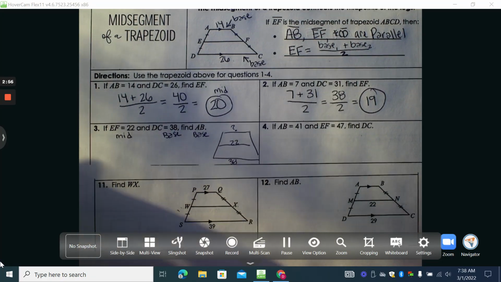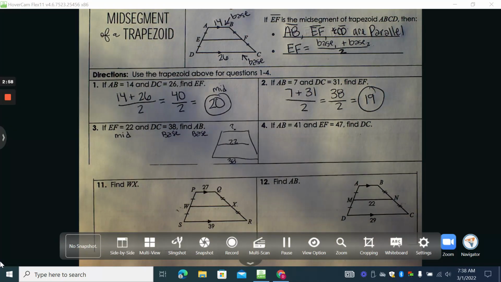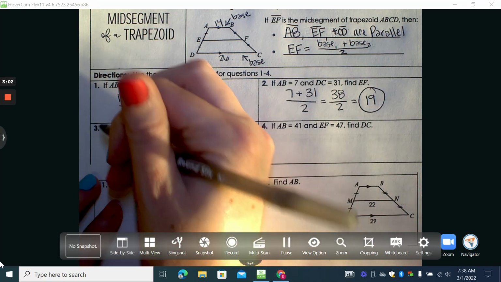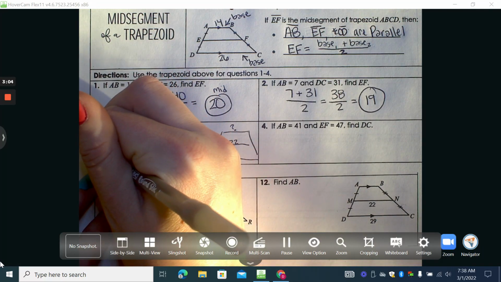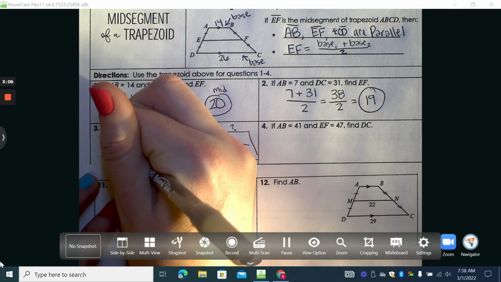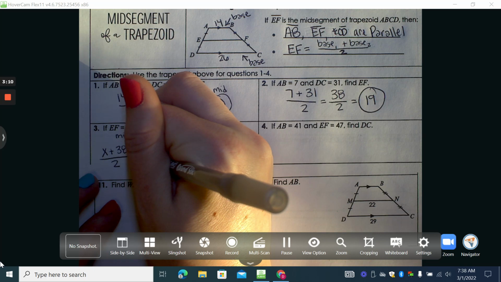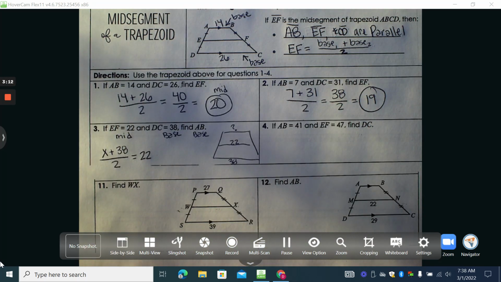And so I'm still going to use this formula, but instead of 22 plus 38, I'm going to have a variable: x plus 38 divided by 2 would give me that mid-segment of 22. So that's how I would set that up. And now I need to solve for x.